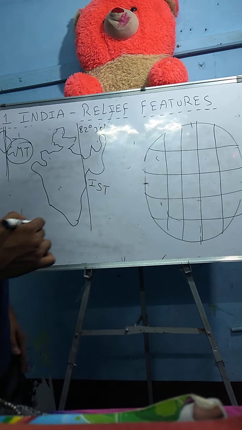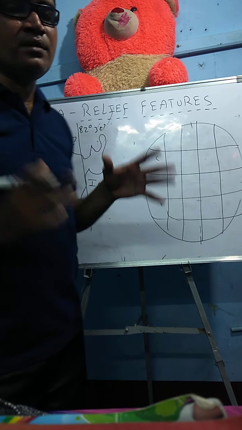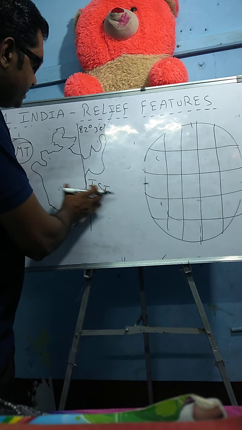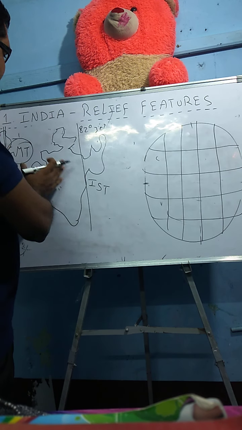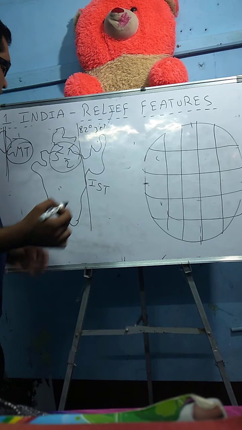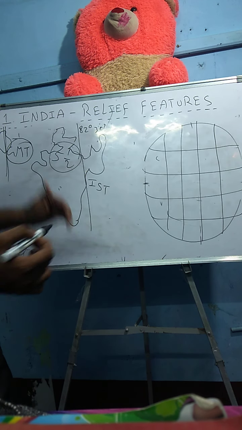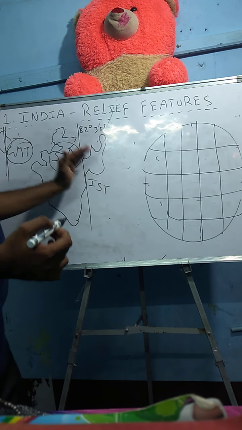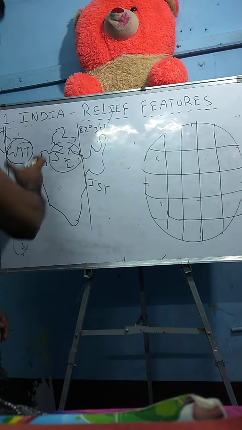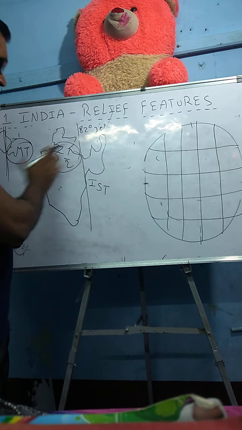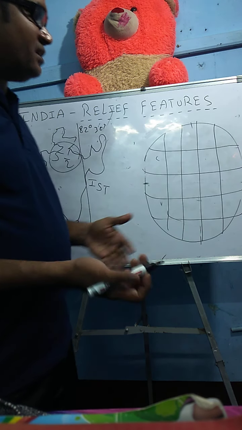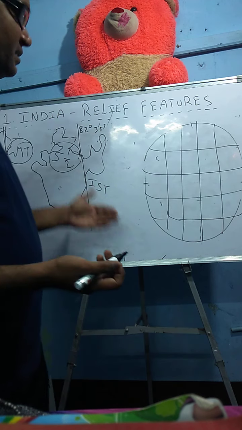IST is 5.5 hours ahead of GMT. Take the example of the GMT and IST comparison.